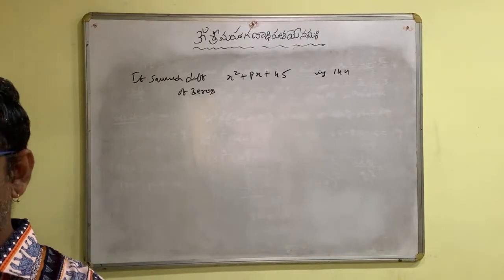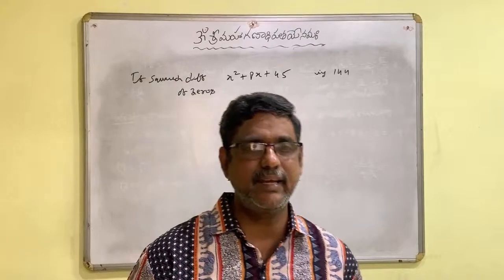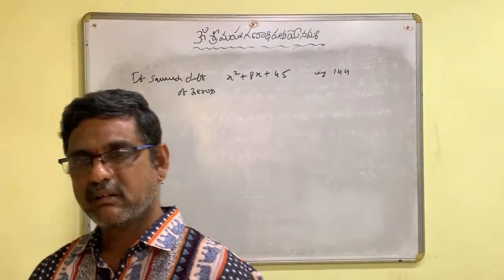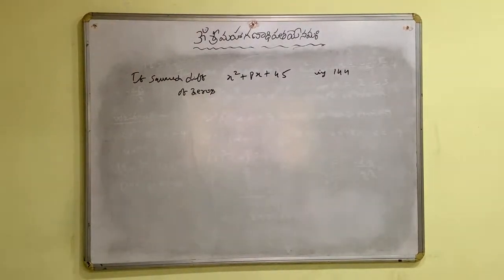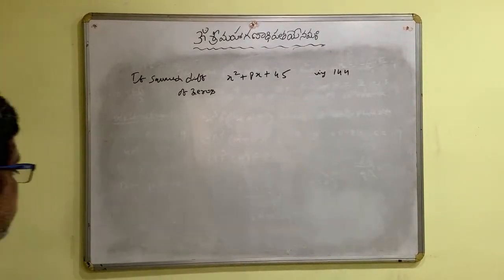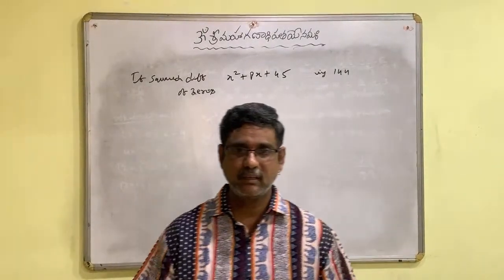Shyam said a square minus b square, Tejal said a minus b whole square. Which is right, children?